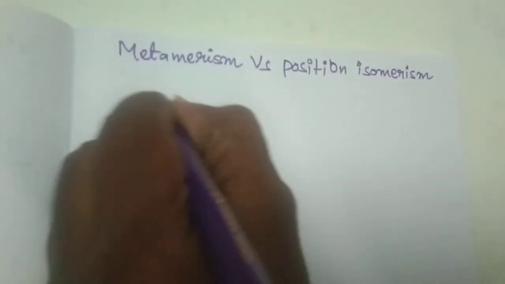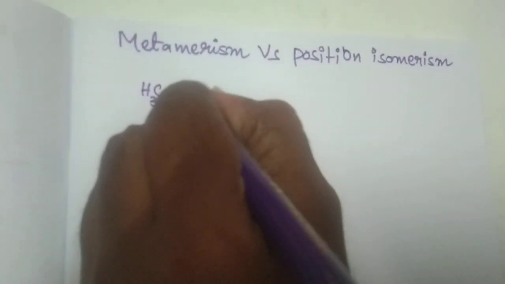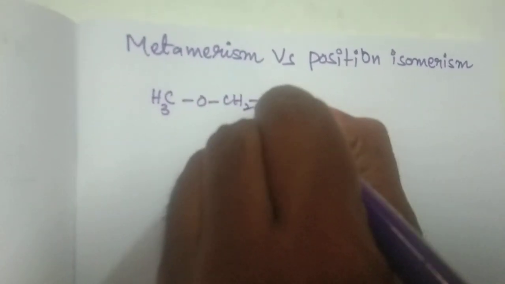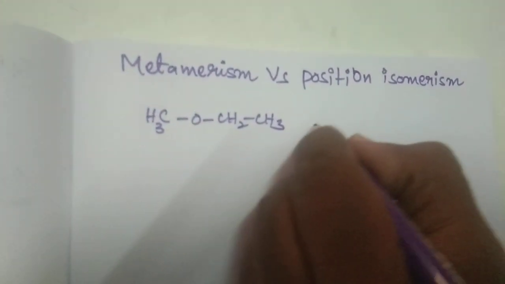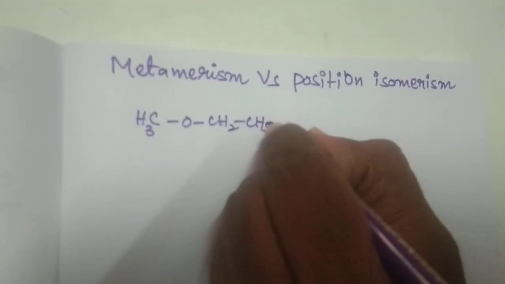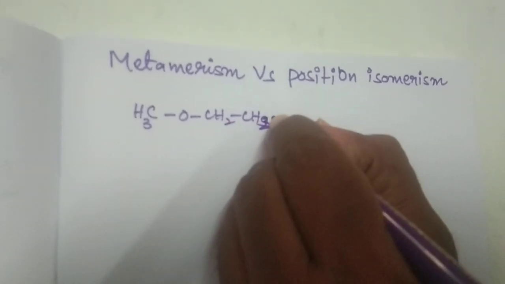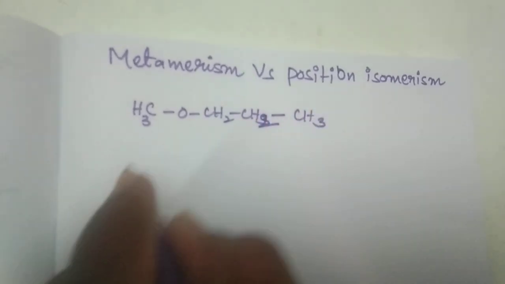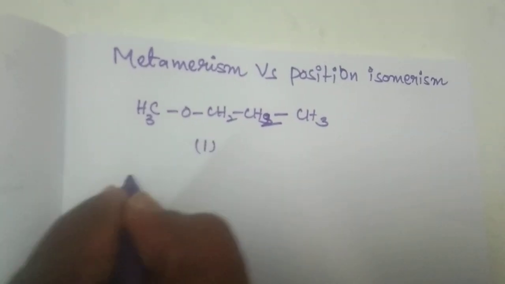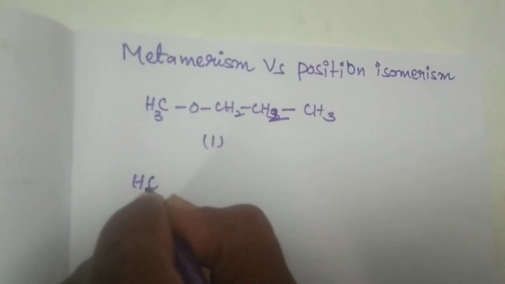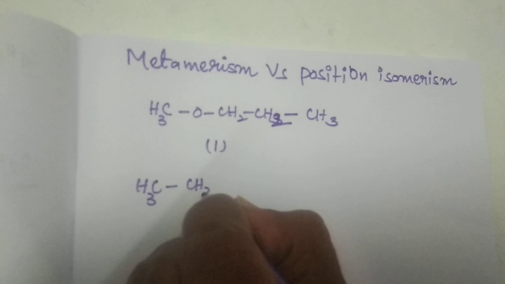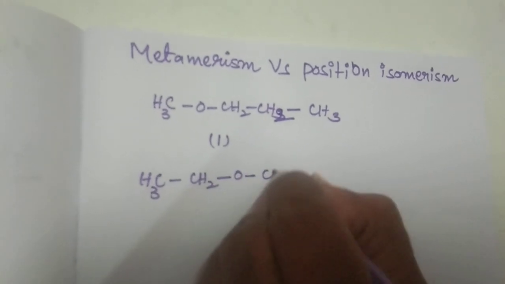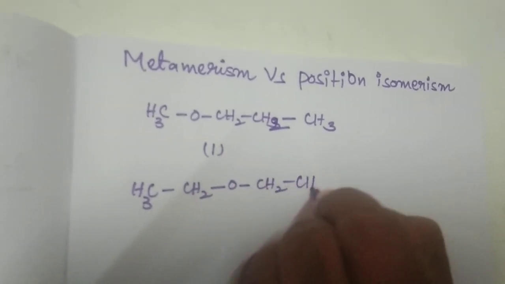For example, we are talking about CH3OCH2CH2CH3. That is the first one. Another one is CH3CH2OCH2CH3.